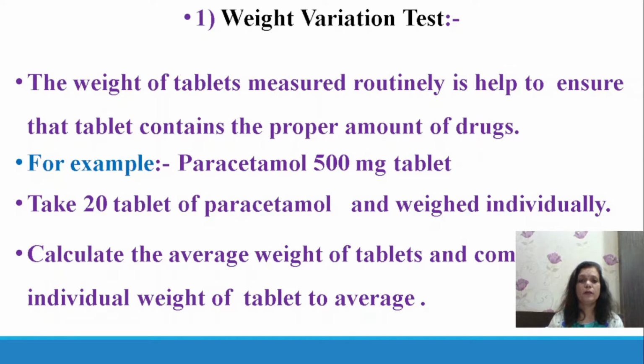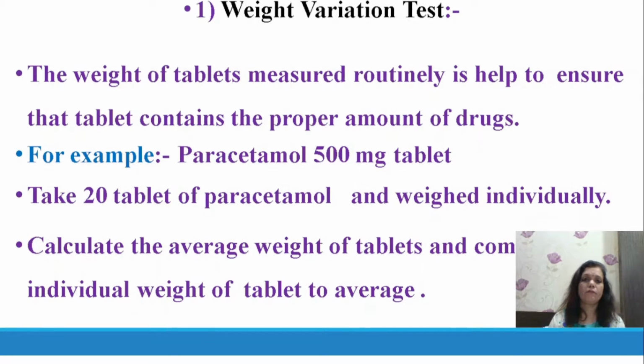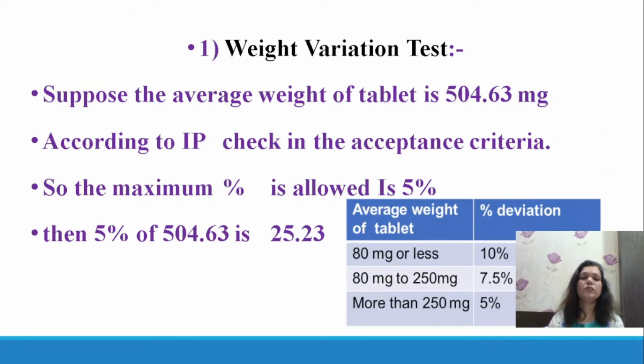For example, paracetamol 500 milligram, if it is labeled, take 20 tablets of paracetamol, weigh individually, calculate average weight and compare individual weight of tablet to the average. If the variation observed is within 5%, 7.5% or 10% depending upon the average weight of the tablet, we can compare the data and we can allow the tablet for further test.